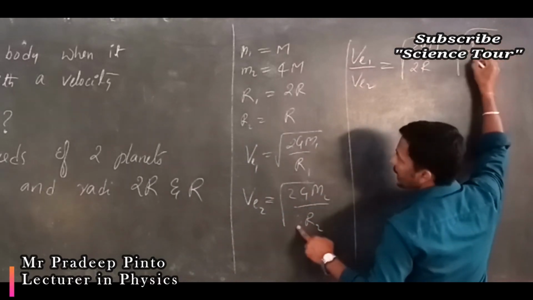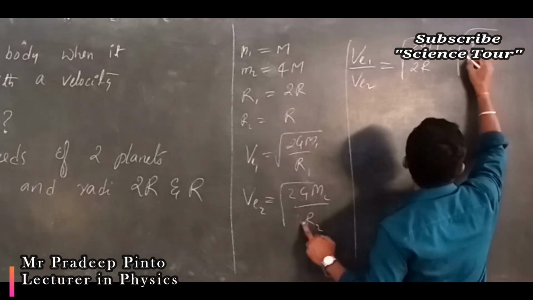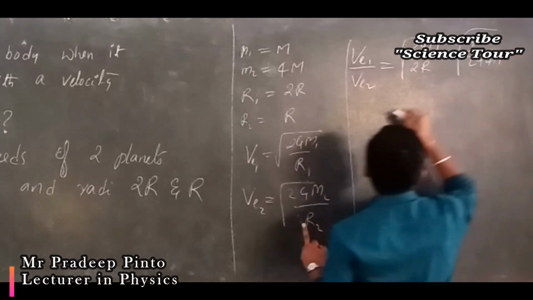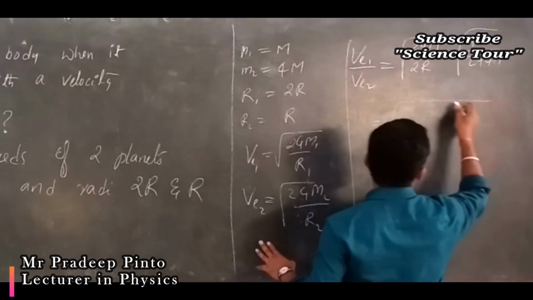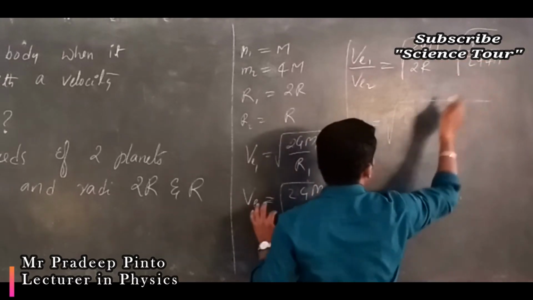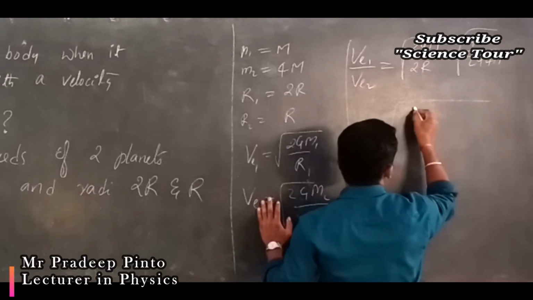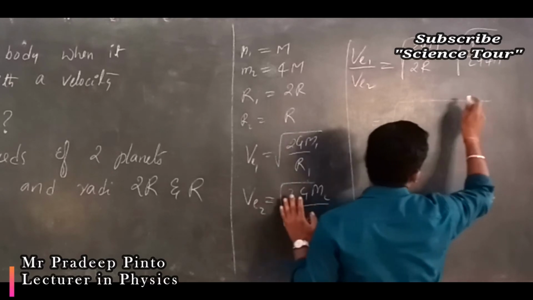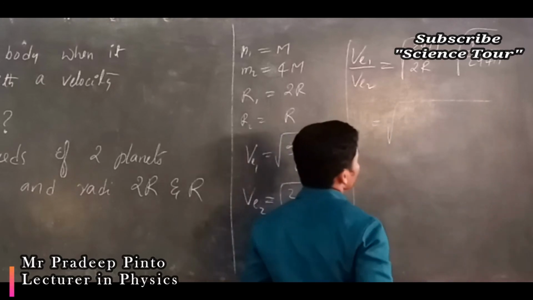R. And 2g m2, m2 means it is 4m. So total you can write down the square root of 2g cancels, m cancels, r cancels, so remaining is 2gmr.